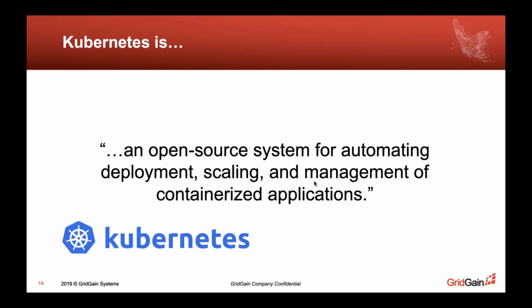It has some basic administrative operations like restart, startup, shutdown, scaling, things like that. Another benefit of deploying an in-memory data grid or Ignite via Kubernetes and containers is that it makes it more repeatable and consistent, and it's vendor agnostic.